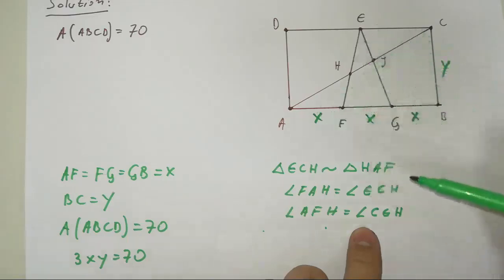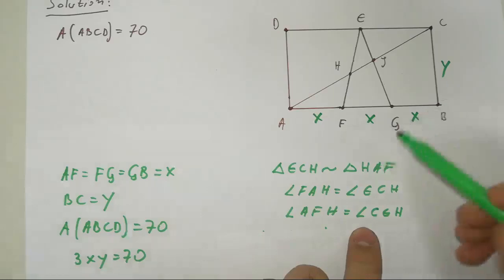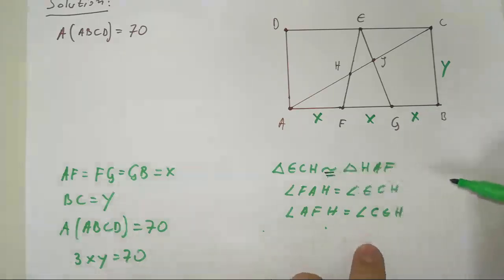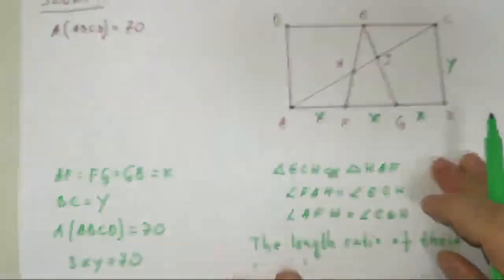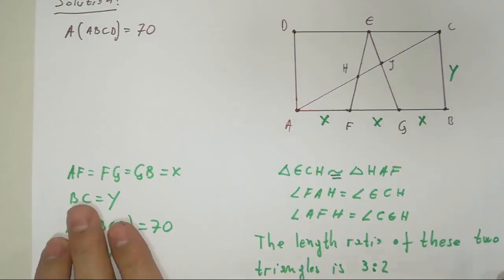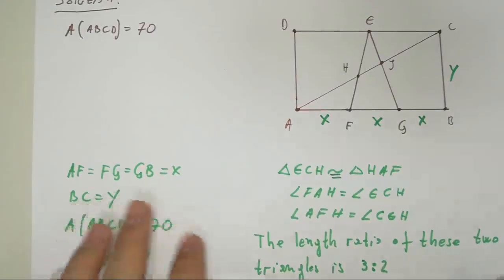It's obvious that these two triangles are similar. Something you may have studied. The length ratio of these two triangles is 3:2.